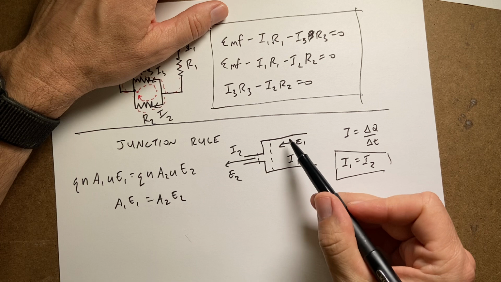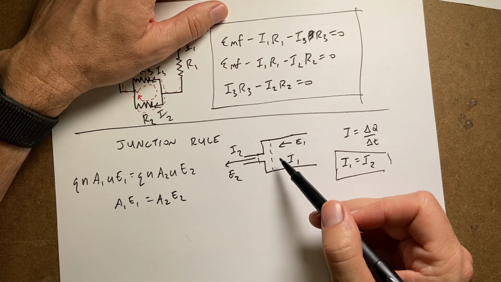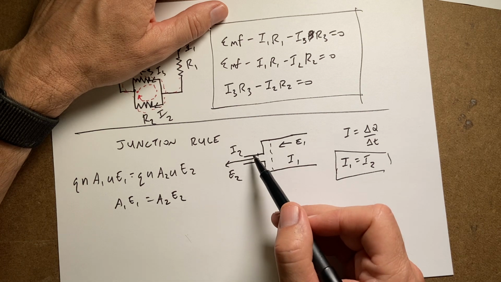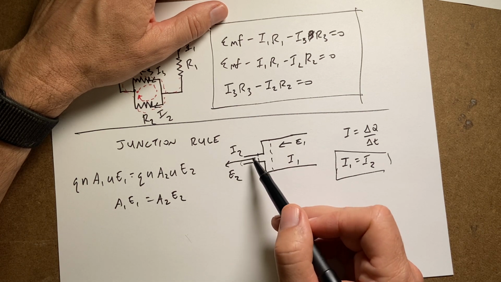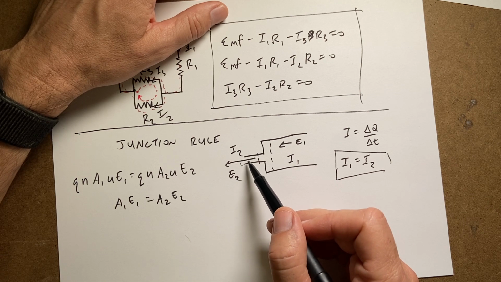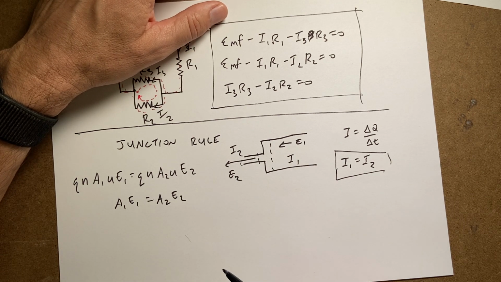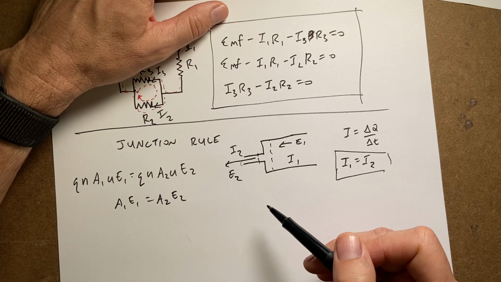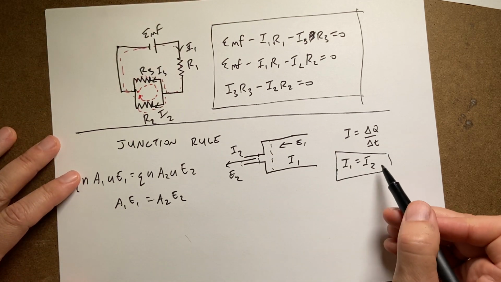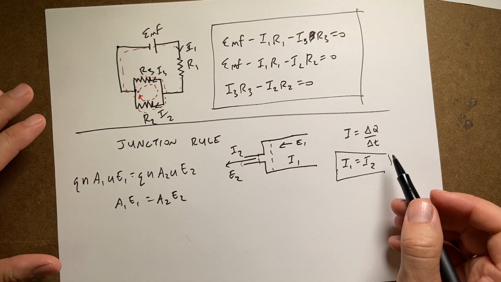And this says that since this is a smaller cross-sectional area, it's going to have a much higher electric field and therefore a much higher drift velocity. So it is a lot like that whole water flowing through a pipe model. Okay, but this is not a very good junction rule because it's almost too obvious.